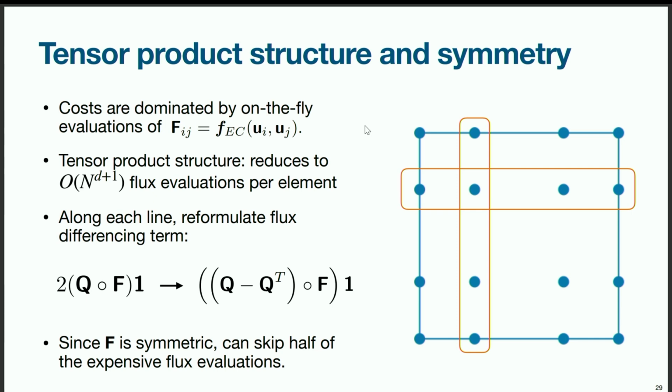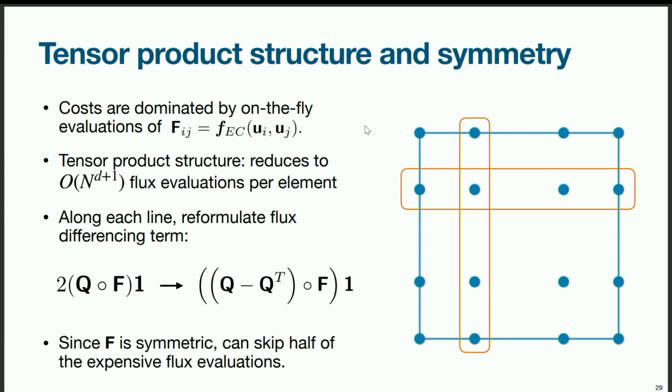Okay, so the first step that we're going to do is take our numerical formulation and squeeze as much structure out of it as we can. We're working primarily on forests of quad trees and octrees, and these are basically squares and cubes. Squares and cubes tend to have a very nice line-by-line tensor product structure, and in this case, it's no different.